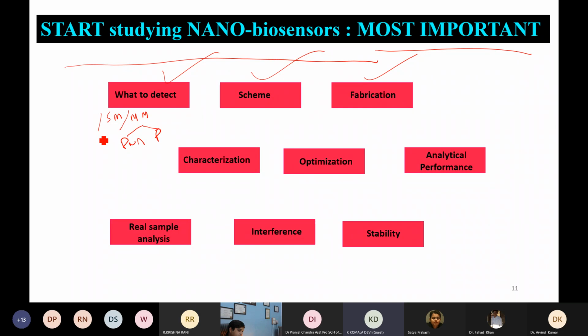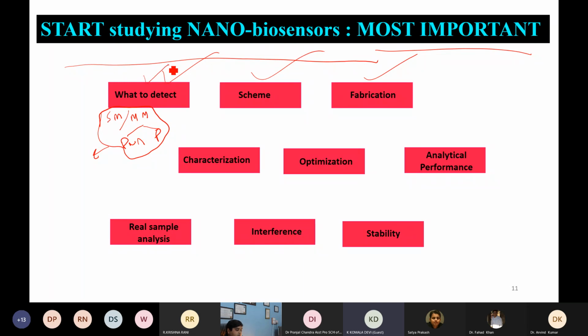So depending upon the type of the target, the fabrication strategy changes. When we know that we are going to detect a protein, we'll design the sensor accordingly. When we are going to detect an antibiotic or a toxin, aflatoxin or ochratoxin or any other toxin, the strategy is different. Okay, so what is the physicochemical property of the molecule?